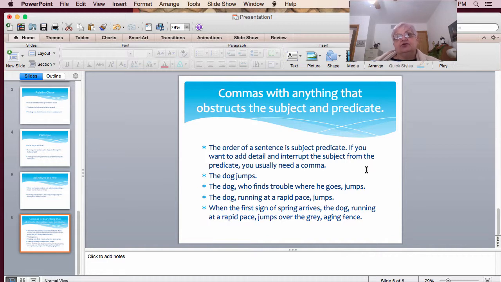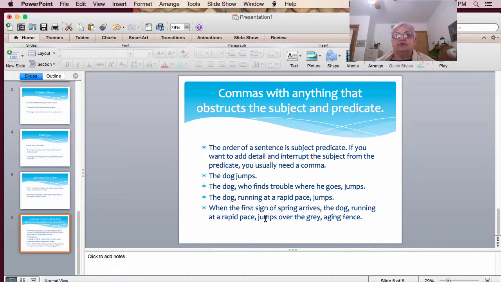Same thing if we're using a dependent clause. When the first signs of spring arrive, that doesn't make sense by itself. It's what we call a dependent clause. It's going to interrupt the dog and jumps, the subject and the predicate.